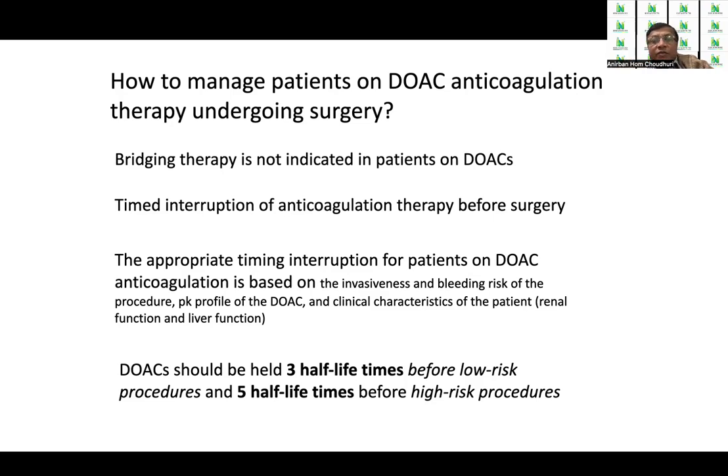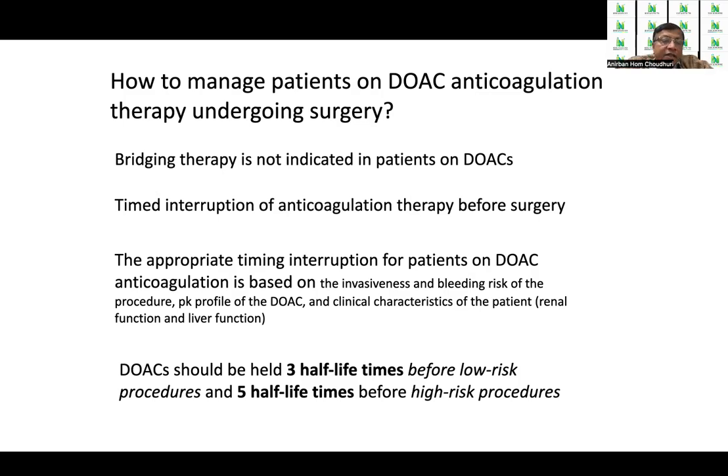Timed interruption of anticoagulant therapy before surgery is desirable, and the appropriate timing of interruption is based on the invasive and bleeding risk of the procedure, the pharmacokinetic profile of the agent, and the clinical characteristics of the patients, like their liver or kidney function, and where the elimination and the metabolism of the drug is taking place.